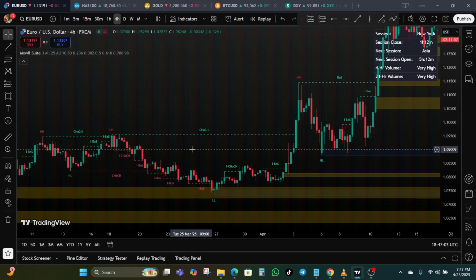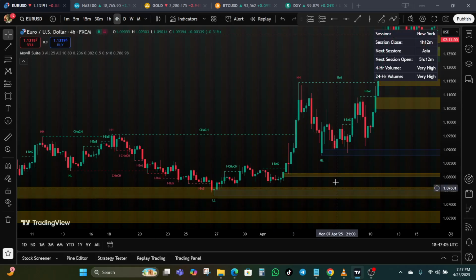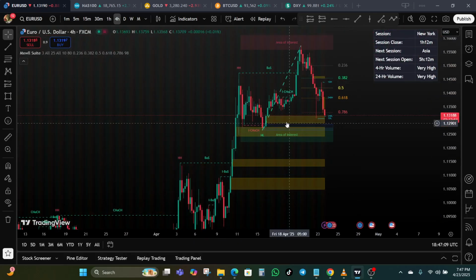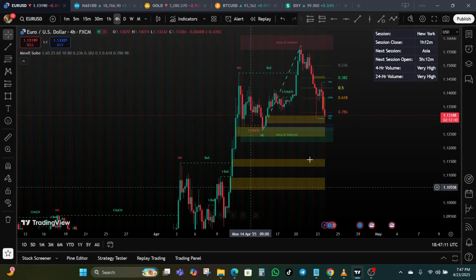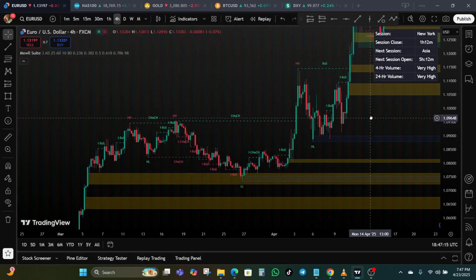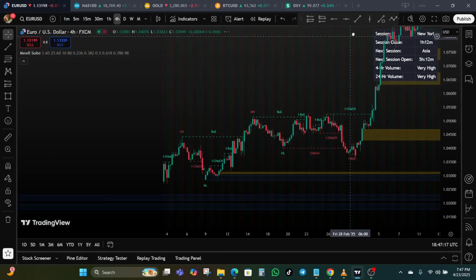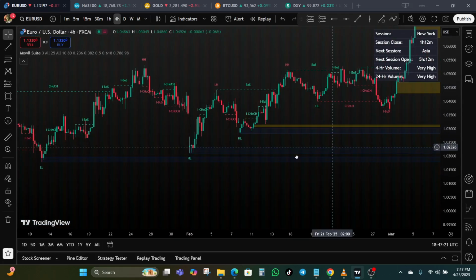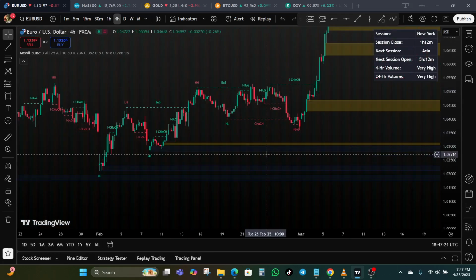Then you have your supply and demand zones as well. They identify the origin of strong moves. These zones help you mark areas where price is likely to react again.